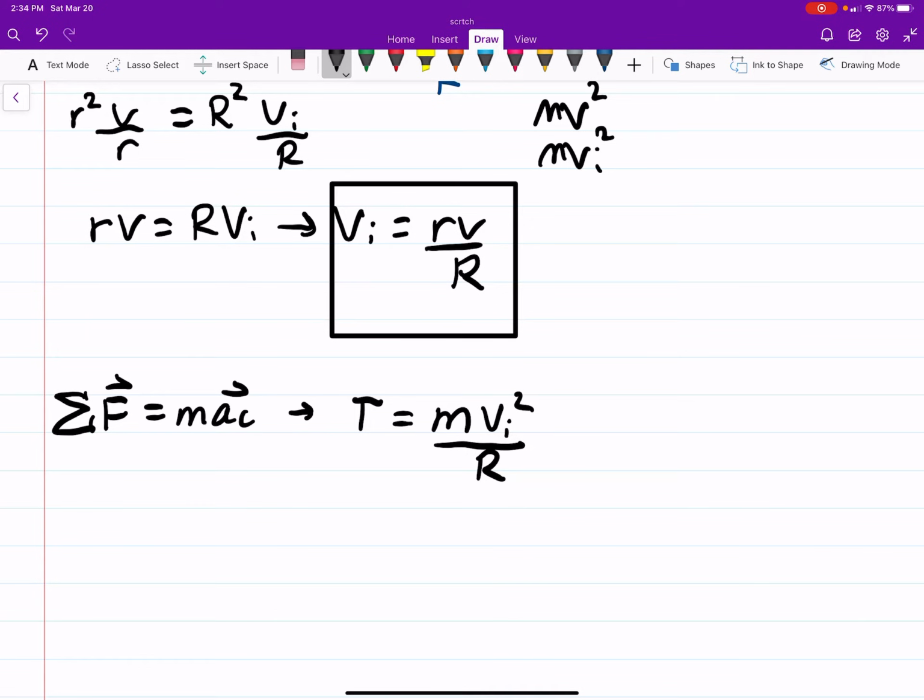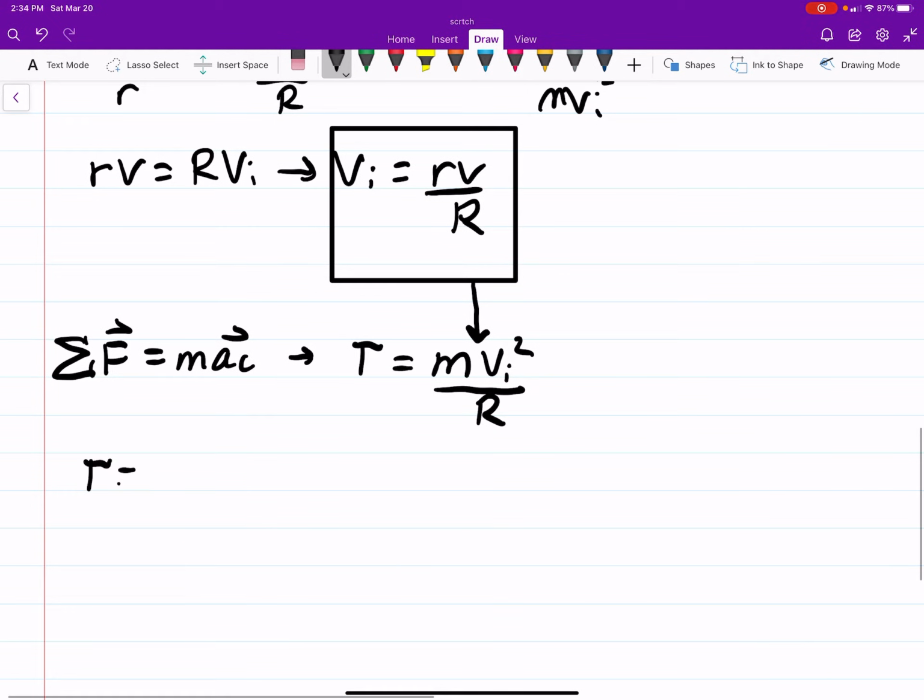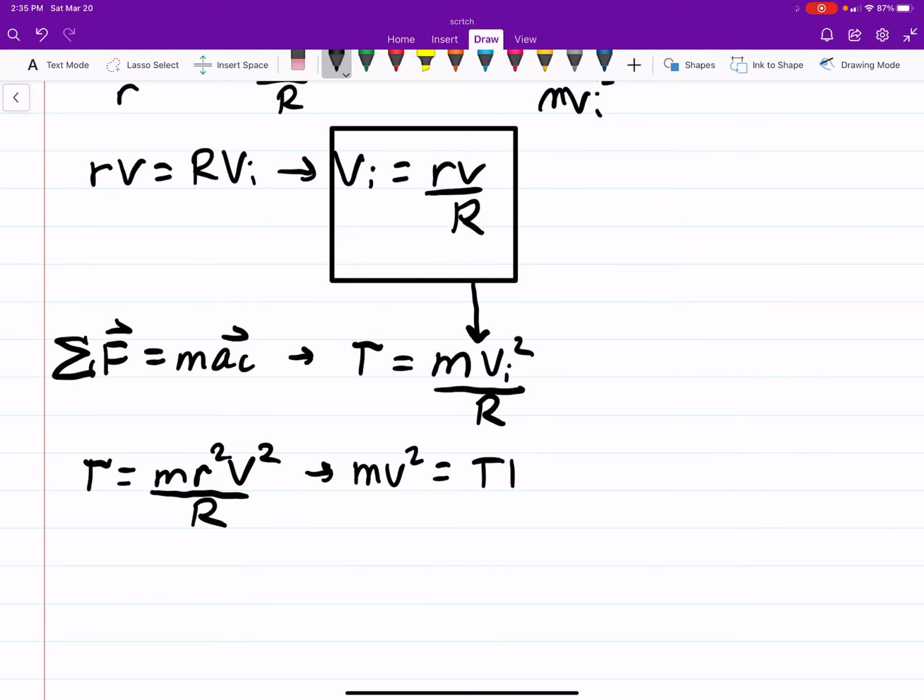Well, we know what v initial is, so I could plug that in here. So tension is equal to m little r squared final velocity squared over big R squared, times... Oh, this should be cubed, right?